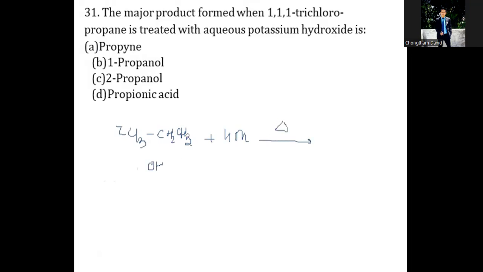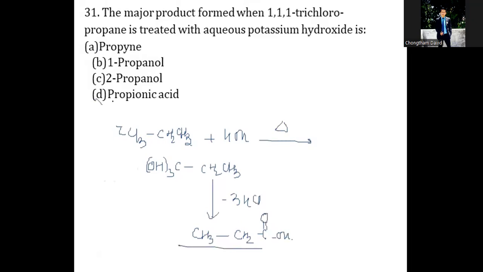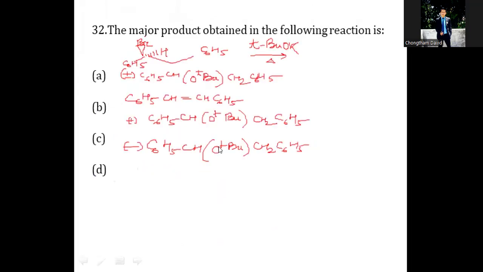You will obtain this as the intermediate. Further heat this. This hydroxy will change to acid. And here you will obtain potassium chloride as the byproduct, 3 potassium chloride. The compound will be CH3CH2COOH, propanoic acid.